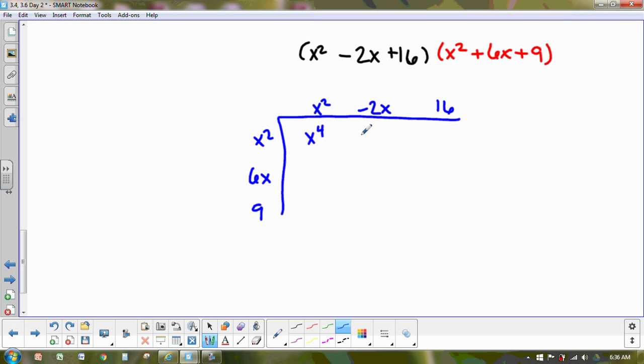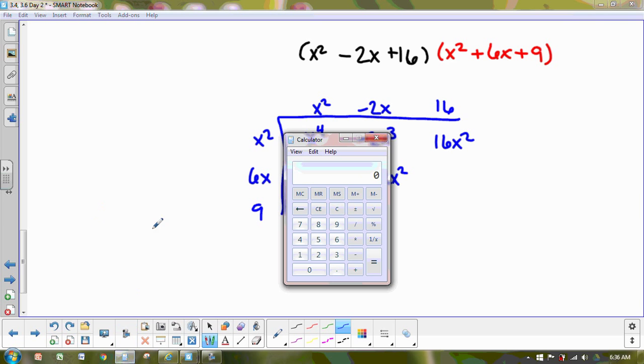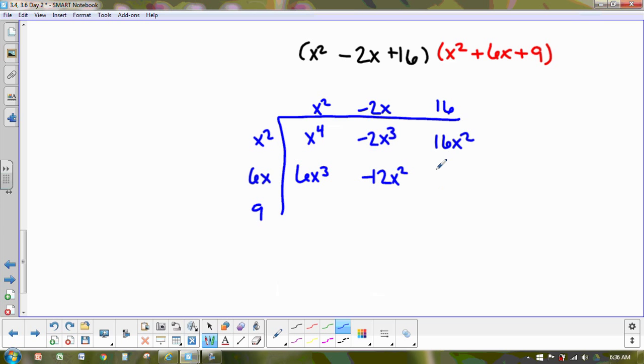So x to the fourth when I multiply across the top, minus 2x cubed, 16x squared, 6x cubed minus 12x squared, 16 and 6. I'm really tired, I'm sorry. 16 times 6, 96.